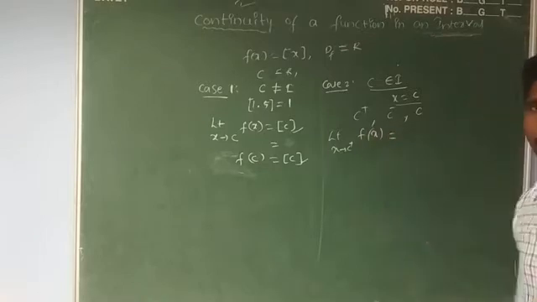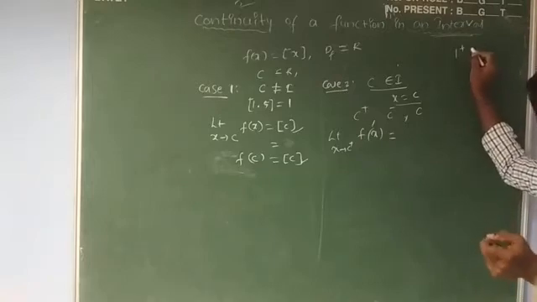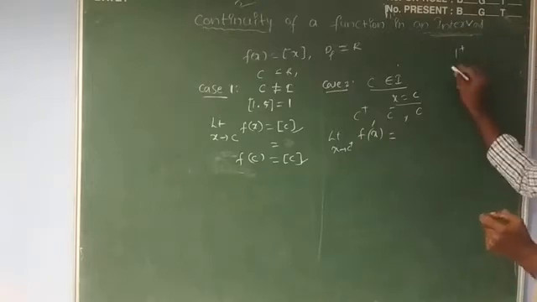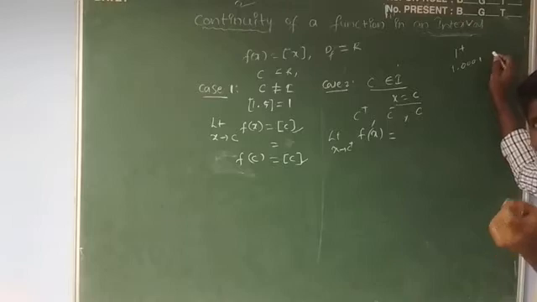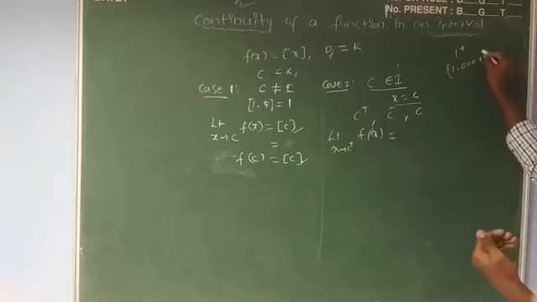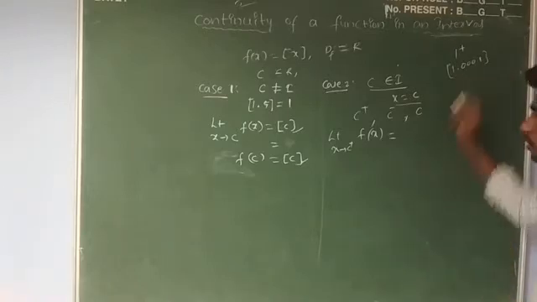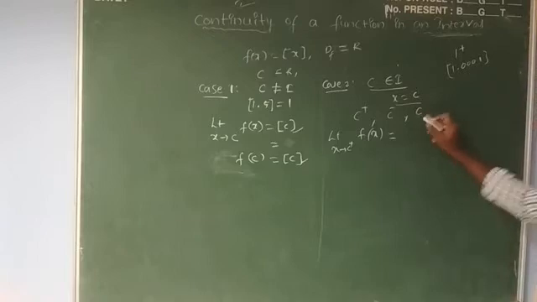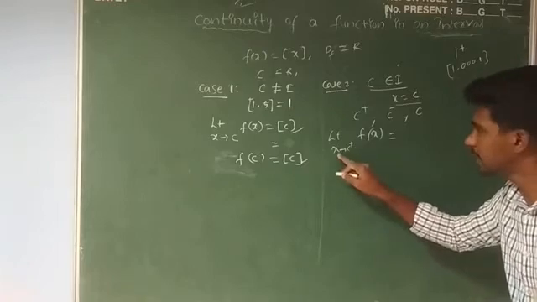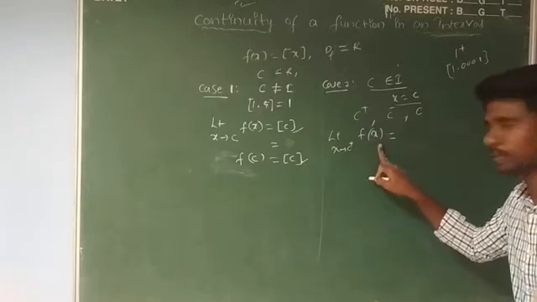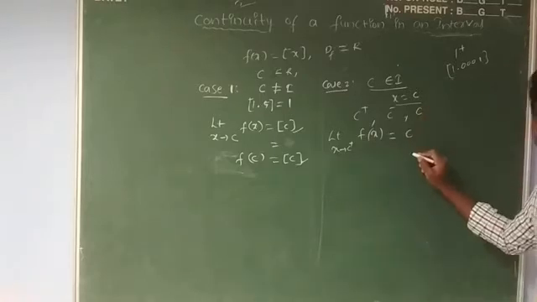I have a number 1 plus, which represents 1.0000 something, nearest to 1 from the right side. What is the step value of this? Which is nothing but step c. So limit x tending to c plus of f of x is equal to c.